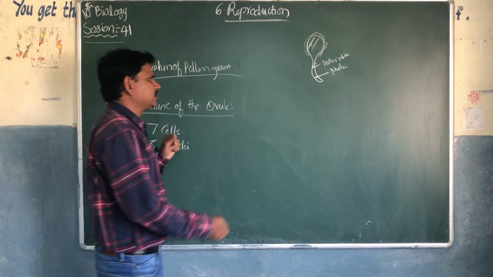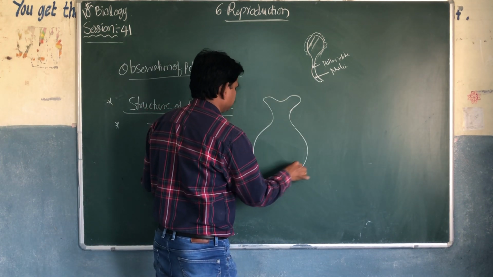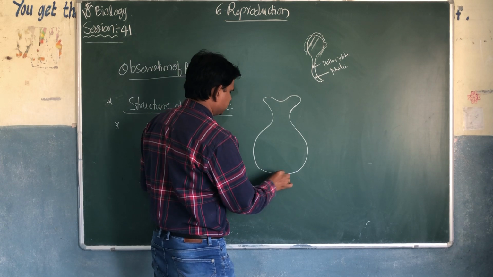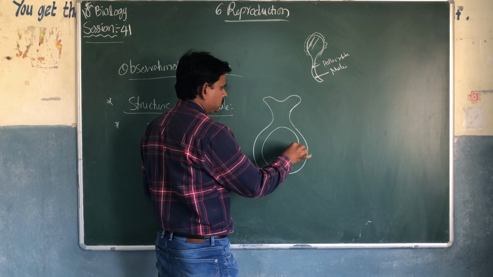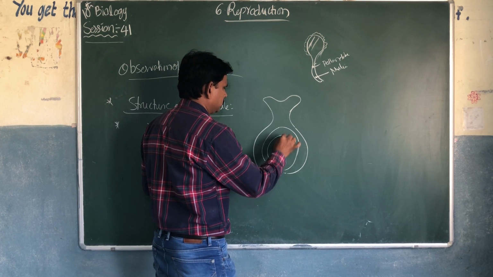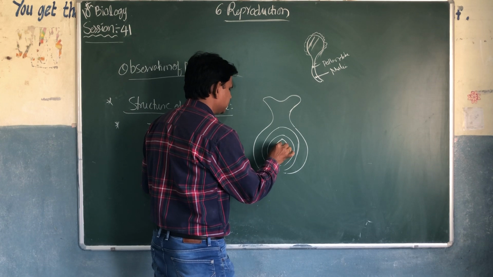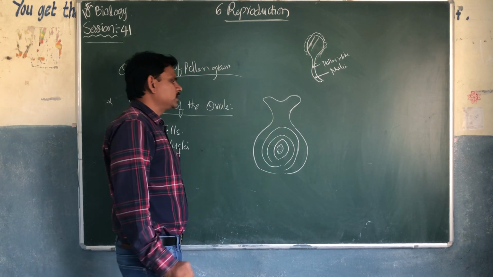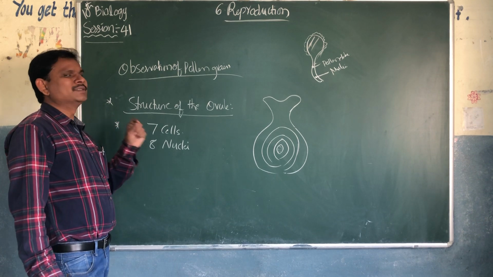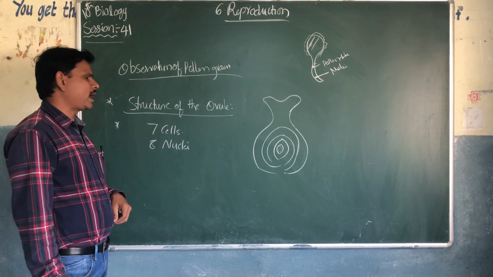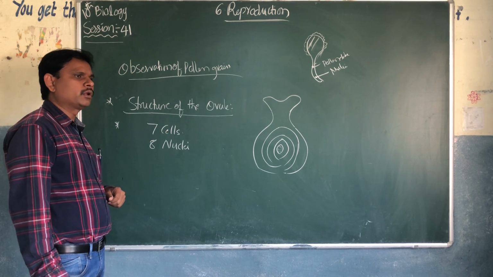When you look at the structure of the ovule inside the ovary, you can see the embryo sac having 7 cells and 8 nuclei.